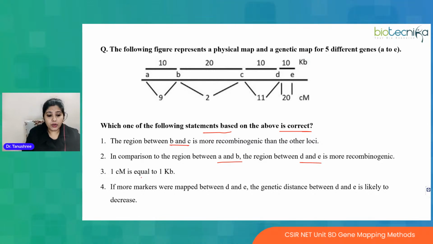Third, 1 centimorgan is equal to 1 kb. And fourth, if more markers were mapped between D and E, the genetic distance between D and E is likely to decrease. Now, to answer this question, you need to be familiar with the concept of physical map and genetic map. So try solving this question.